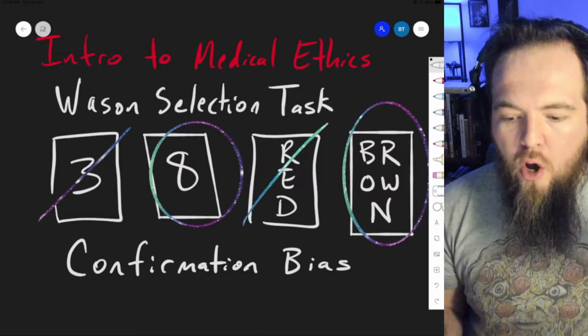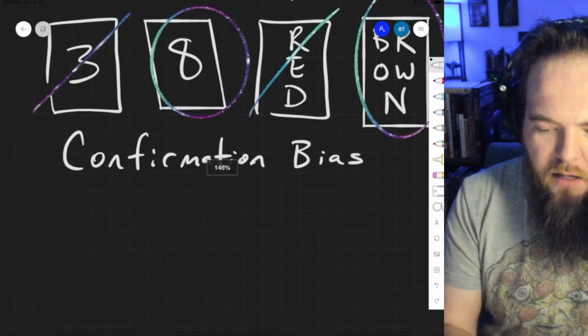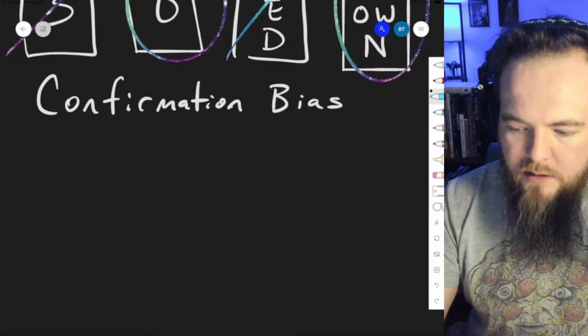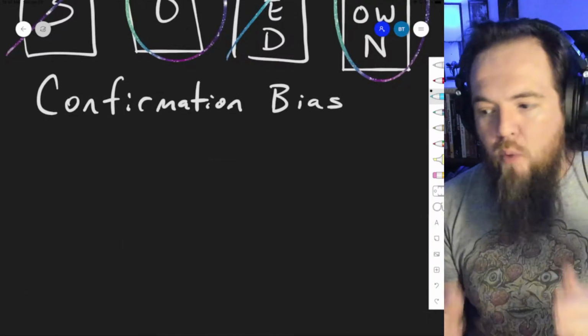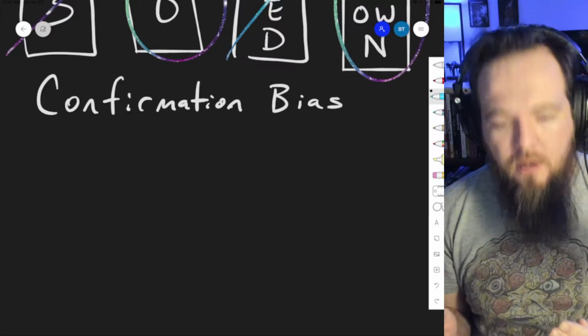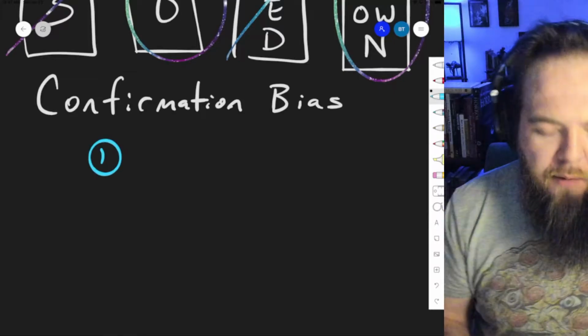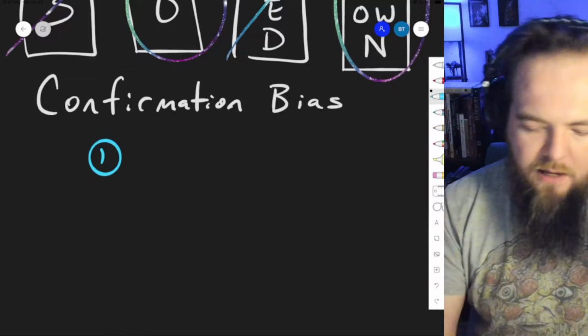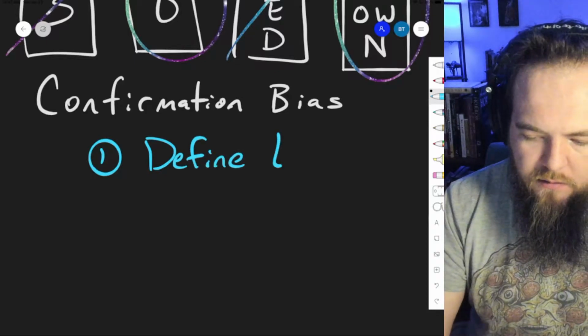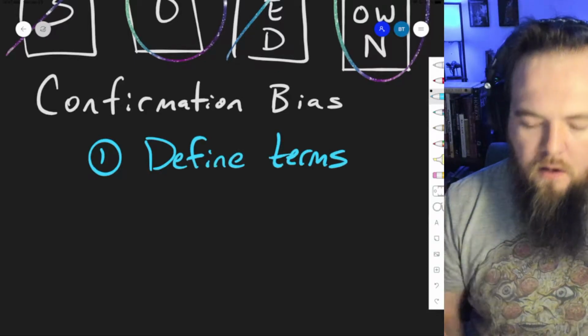That's a really, really bad habit to be in, especially in philosophy, okay? What we want to do in philosophy is we want to do a few things specifically, and I want you to be aware of these three things anytime we're reading a medical ethics article, all right? One thing that we want to be very cognizant of is trying to define our terms, okay?